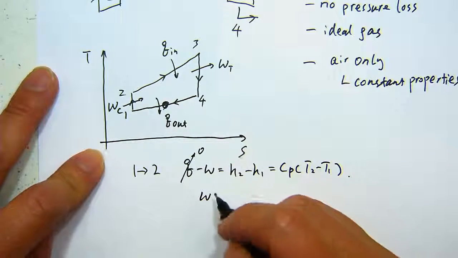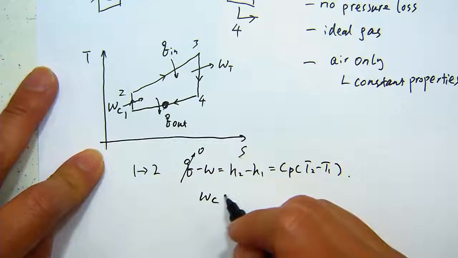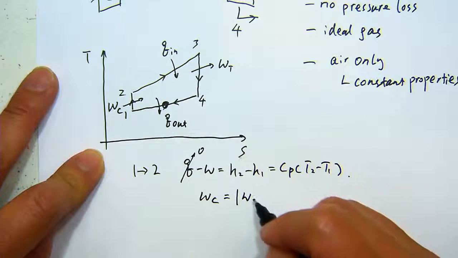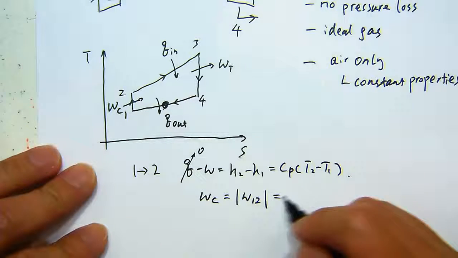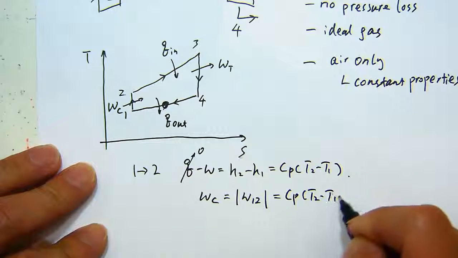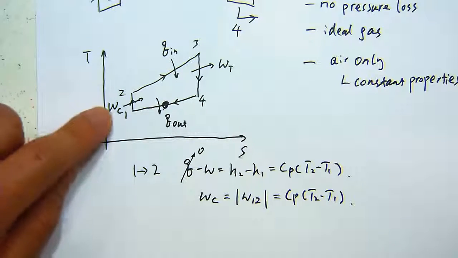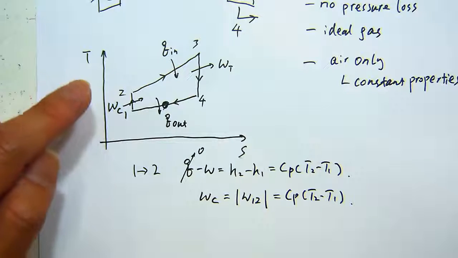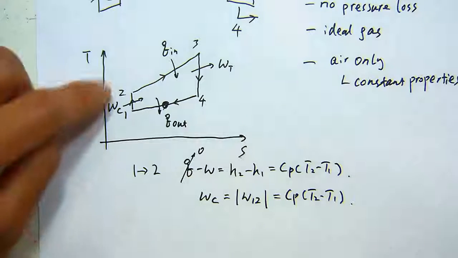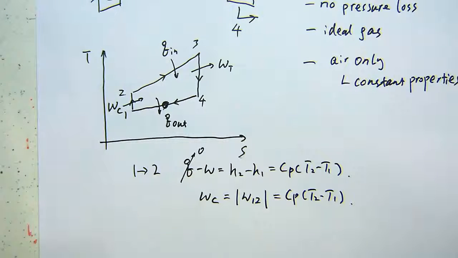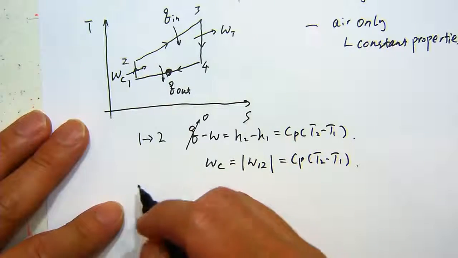Then we have the compressor work, equal to the absolute value of the work from state 1 to state 2, equals Cp (T2 minus T1). As said, all these work and heat terms we're dealing with are absolute values, so they do not necessarily correspond to the end state minus the starting state.